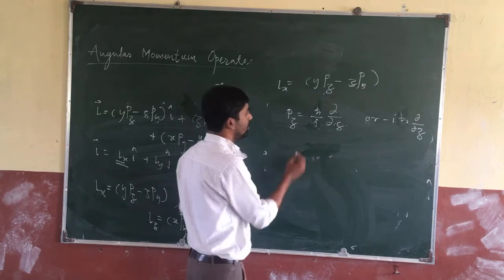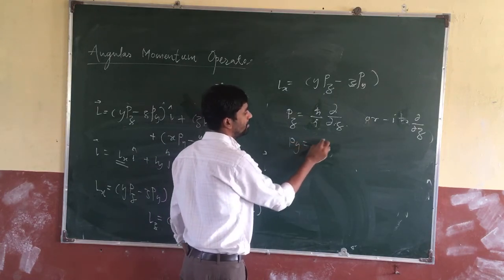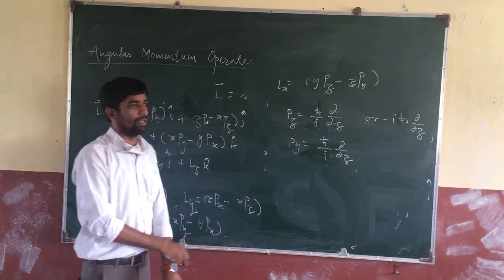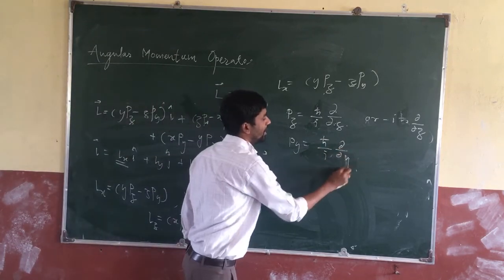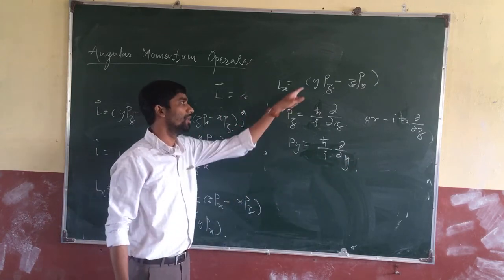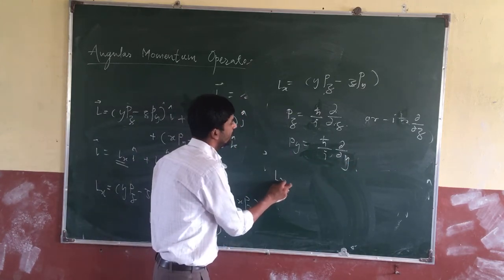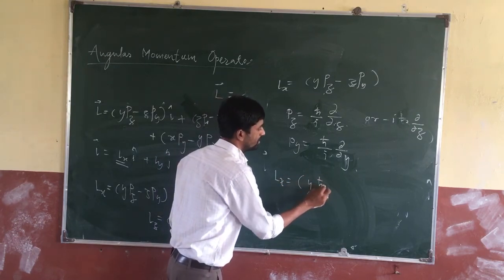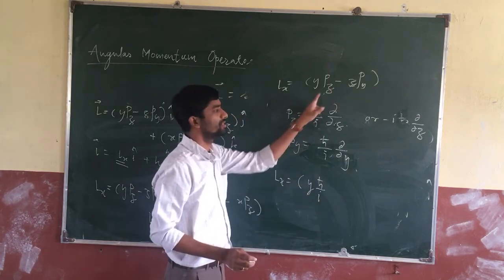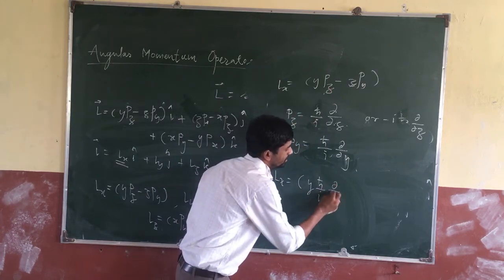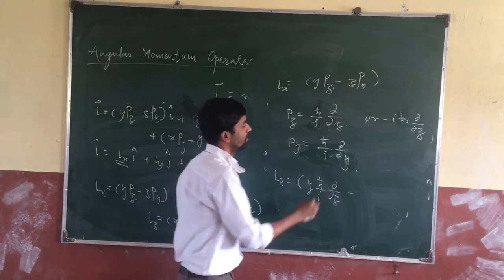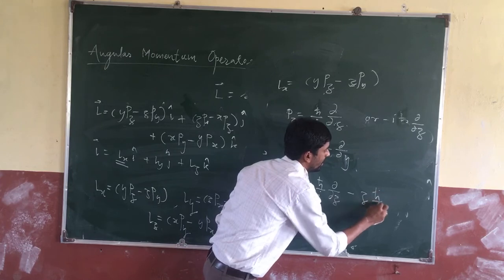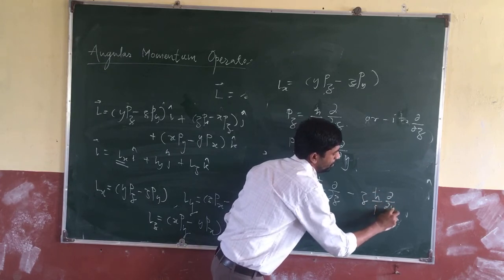And how will you write py? py is h cross divided by i, dou by dou y, because it is the y component, while the other is the z component. If you substitute here, you get Lx equals y times h cross divided by i, d by dz, since that is the value of pz, minus z times h cross divided by i, dou by dou y, the value of py.